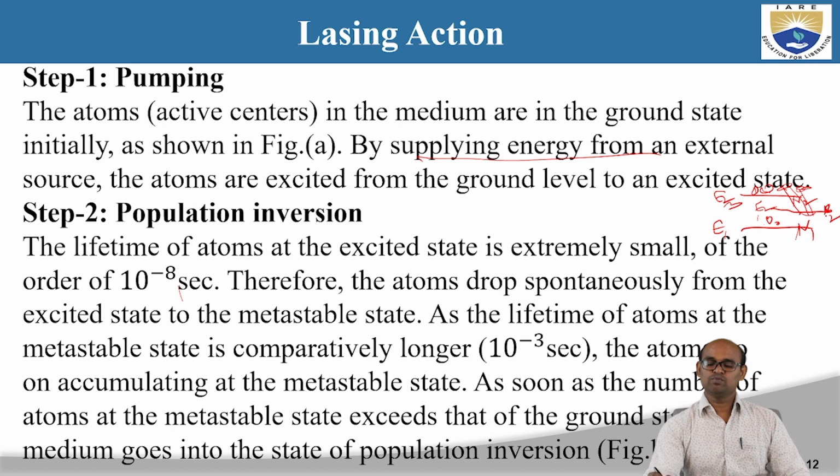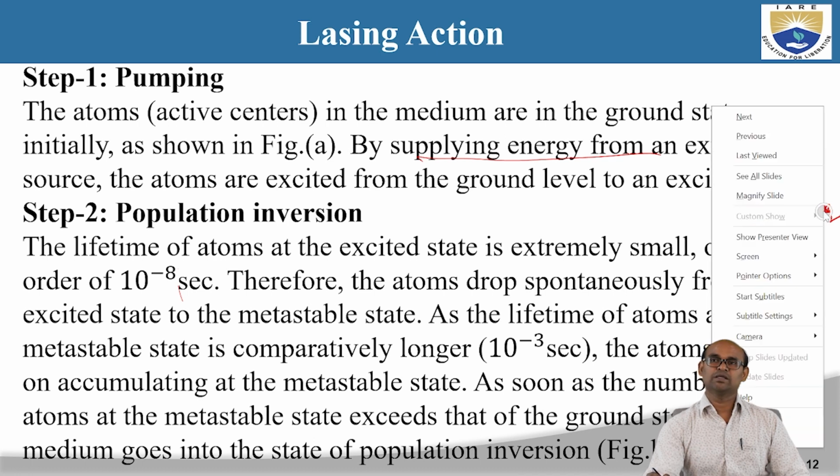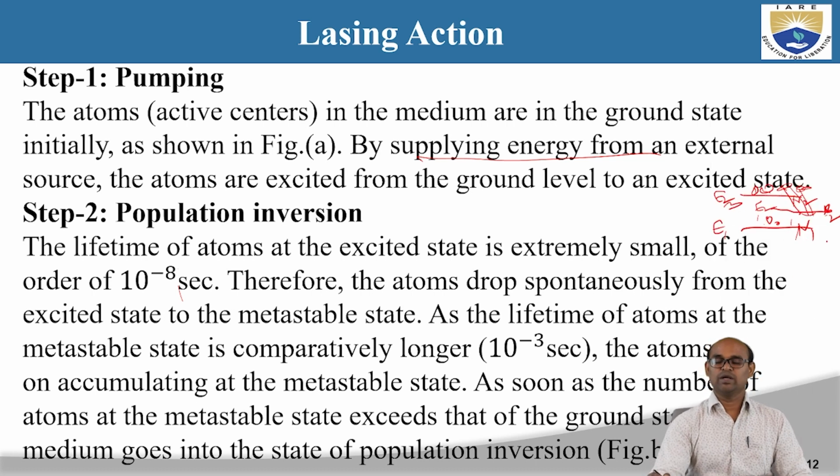Now the lifetime is longer in the metastable state compared to the normal excited state, so all the atoms accumulate in the metastable state. So the number of atoms in the metastable state is more compared to the ground state, so N2 greater than N1 will be achieved. That is called population inversion.